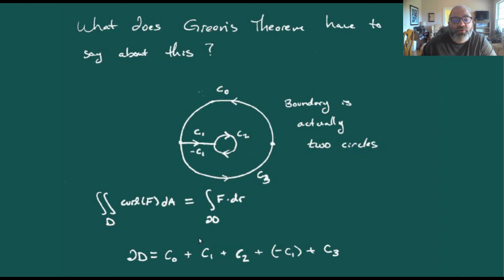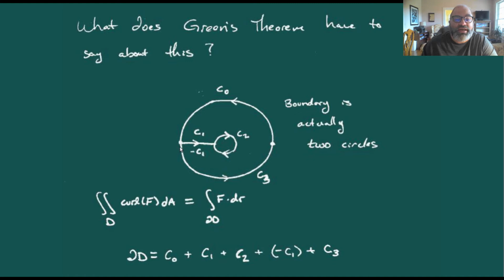Then the boundary of D, we can break up into four separate parts. We've got this first curve, C0, that goes over to this point. Then we've got another curve, C1, that takes us into the inner circle. We orient this positively, so we want to keep our region over to the left, which means we're tracing this one out clockwise to get around through there. Then we come back to the point we started, tracing back around C1.